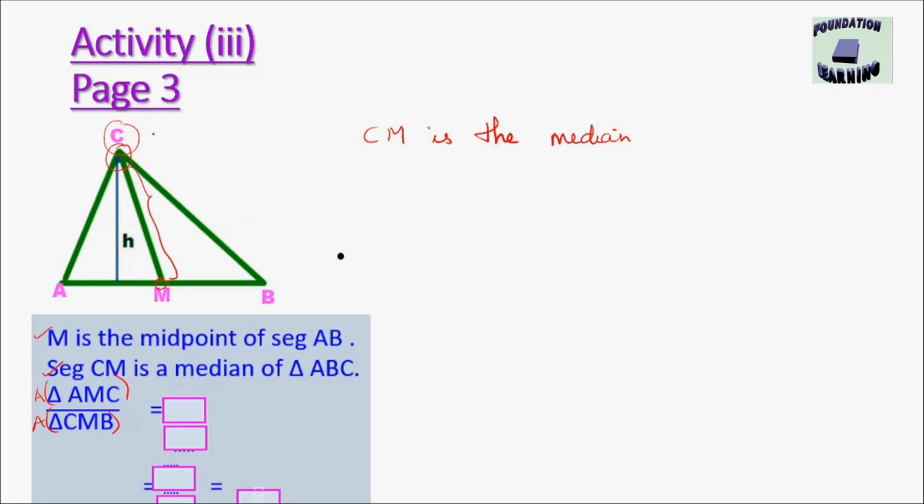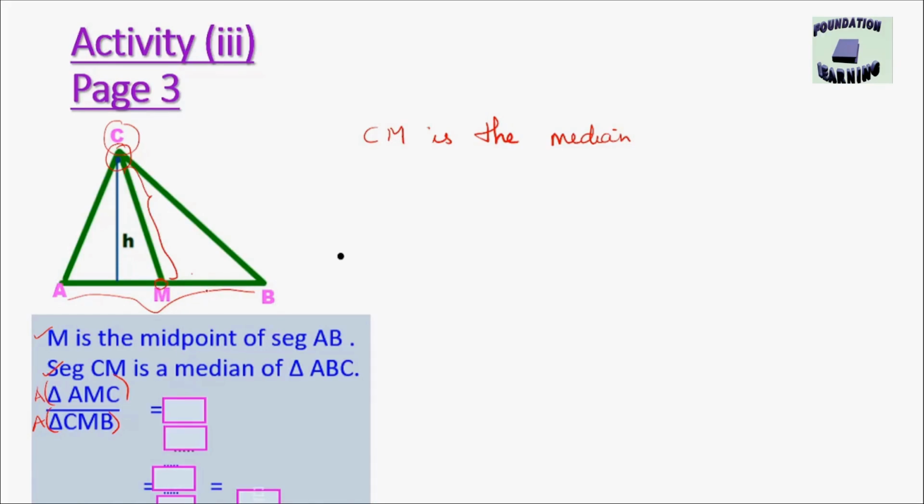And since C is common for both the triangles, and these 3 points are collinear. What is collinear? Collinear means in the straight line. Since these 3 points are collinear, the distance of C from these points is the same, since they are in the straight line. So the vertex is at the same distance from that collinear line, therefore the height is the same.